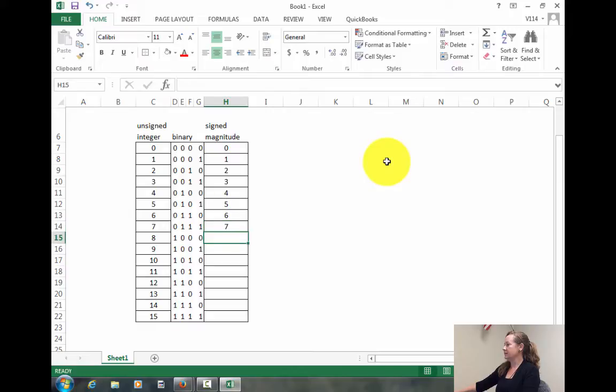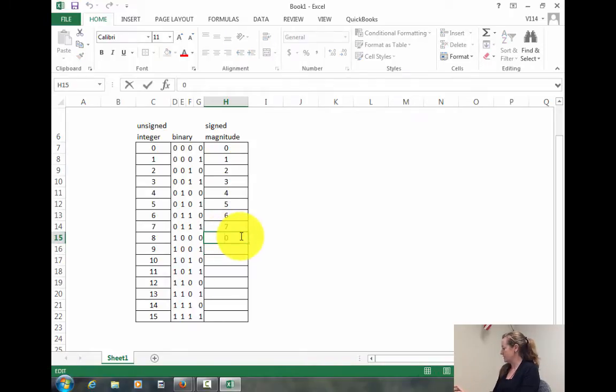Now it's when we get here that this number is no longer going to be 8. Because we're using signed magnitude, that first bit no longer is a value bit, that's a sign bit. This is our values. This is the value 0 with a sign of negative. So this would be -0. Do you see how we have -0 here?